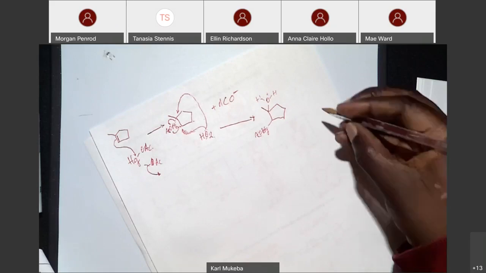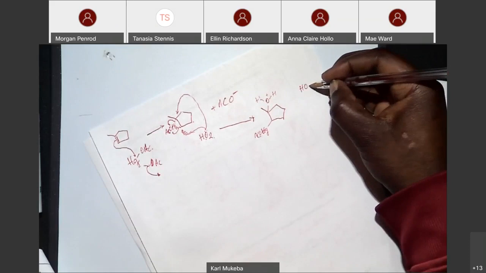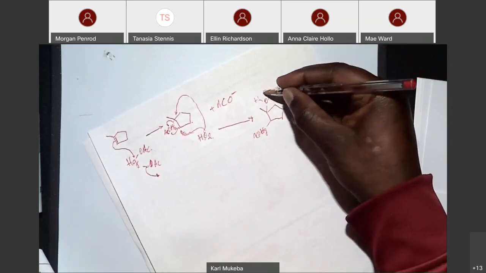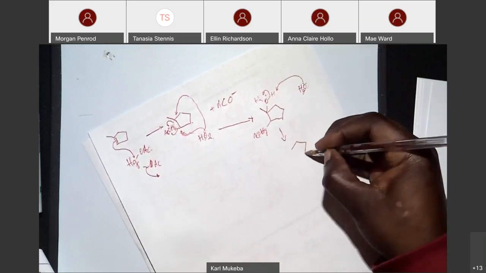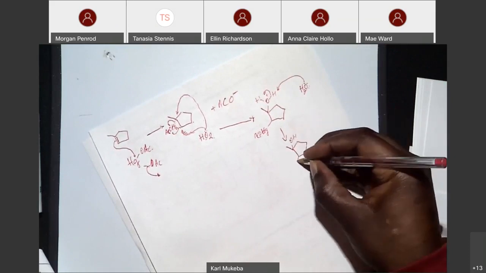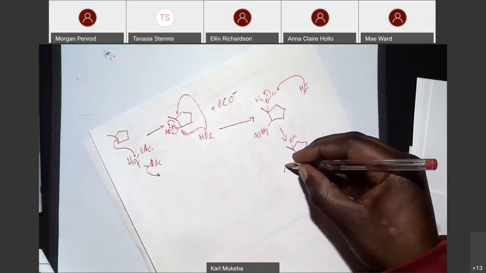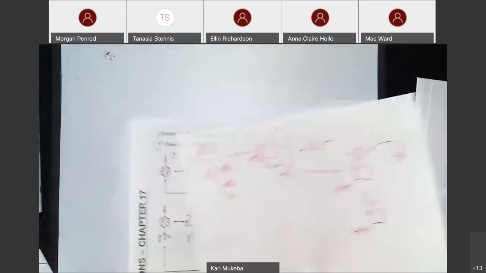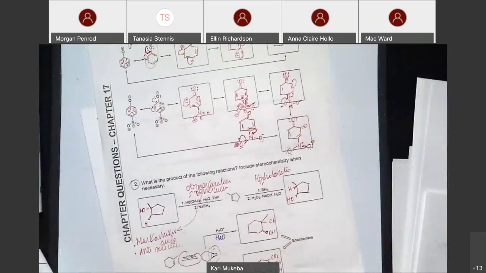Okay, and then your water can attack one H here. So keep that in your mind.